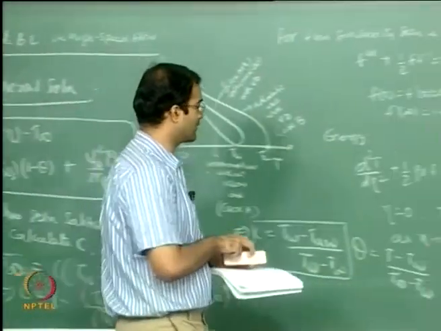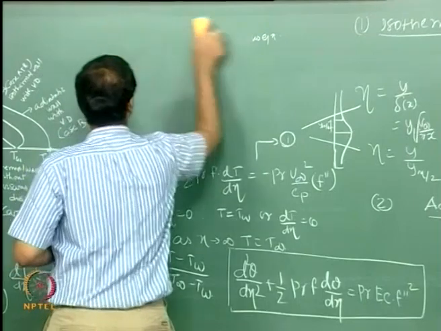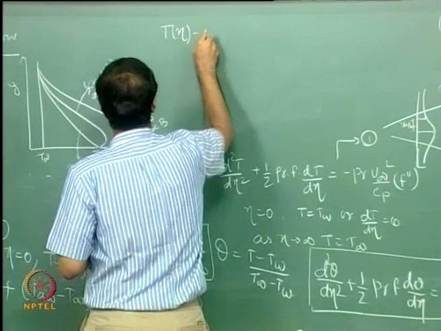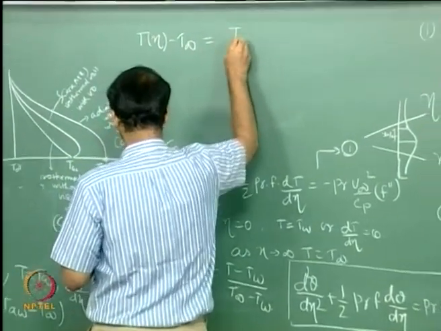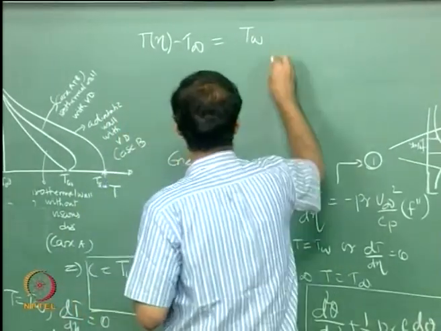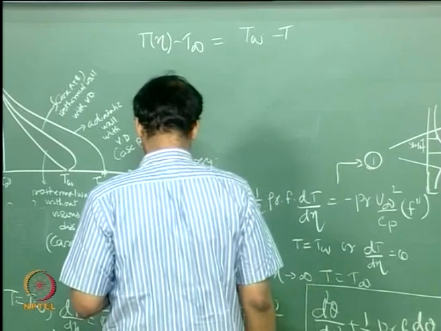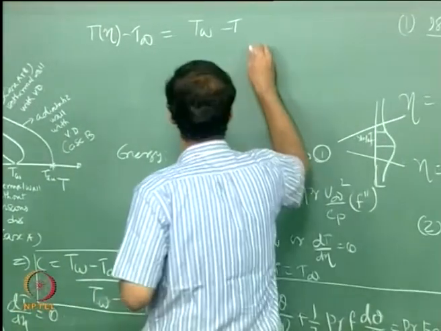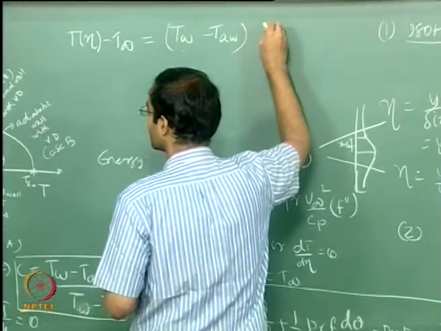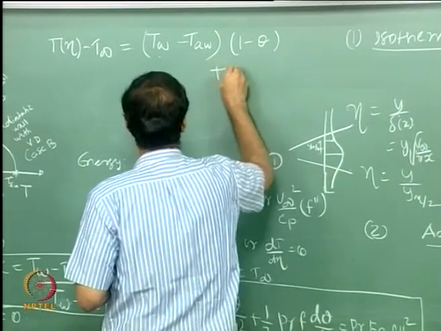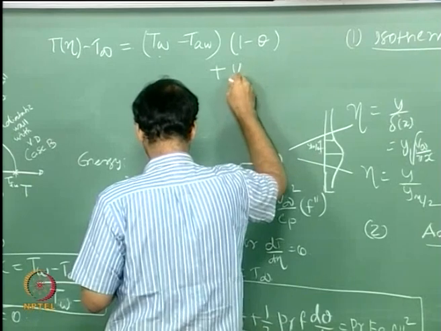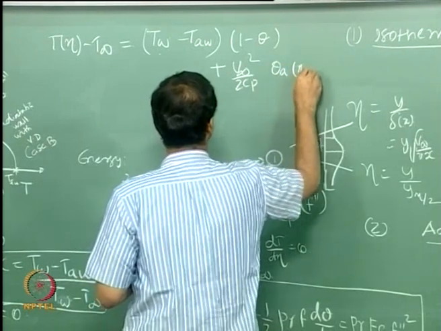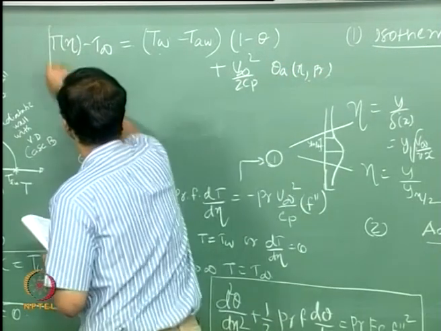So therefore I can write my final solution: T of eta minus T infinity equal to T wall minus T infinity, which cancels when I substitute this, so it will be T wall minus T adiabatic wall into 1 minus theta, plus, I can still retain this as u infinity square by 2 Cp into theta A as a function of eta and Prandtl. So this is my final solution.